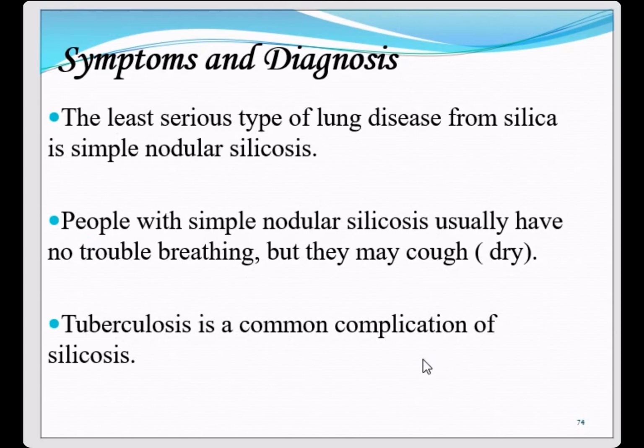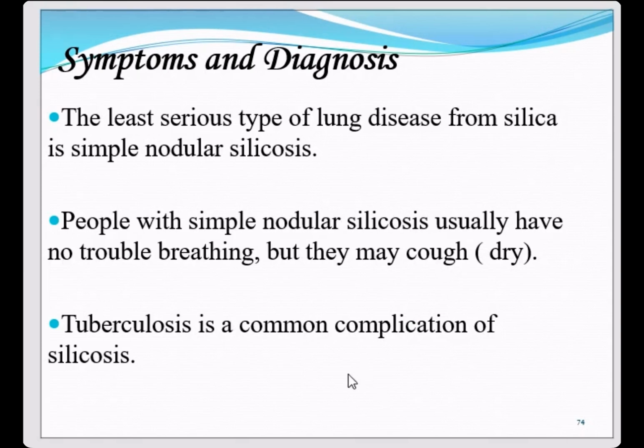People with simple nodular silicosis usually have no trouble breathing. So for this kind of patient with simple nodular silicosis, or without many big nodules, they don't have any breathing problem, but they may cough, because the lungs tend to be not flexible, so sometimes when they breathe, they can't breathe normally, especially when the air is drier, so they may cough.